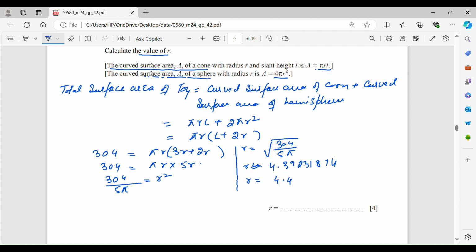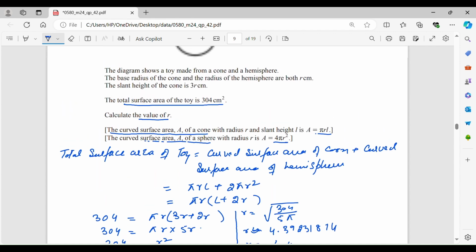So the radius is equal to 4.4 centimeter. The unit is given, yes, centimeter.